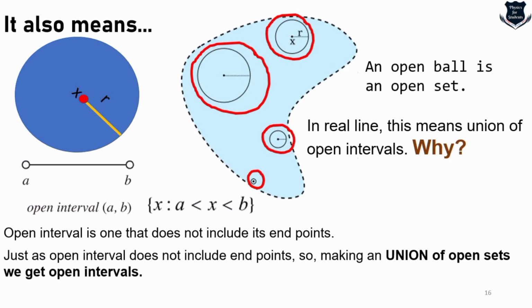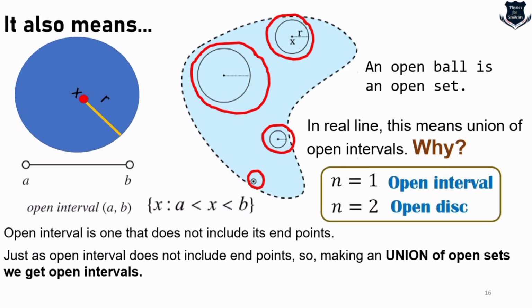So here is a set, the blue one, and you can see the open balls, and the open balls have got no limitation, just as the real line has open intervals. So that is why an open ball is an open set, because open balls define what is an open set. So also, a set is open if and only if it is equal to the union of a collection of open balls.